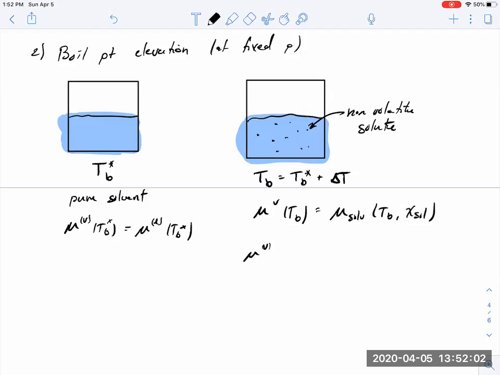Now the chemical potential changes with changing temperature, say by some amount delta T. If delta T is small, that change in chemical potential can be expressed as the reference chemical potential at just T_B.